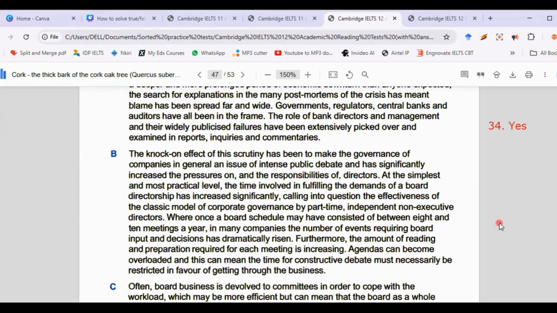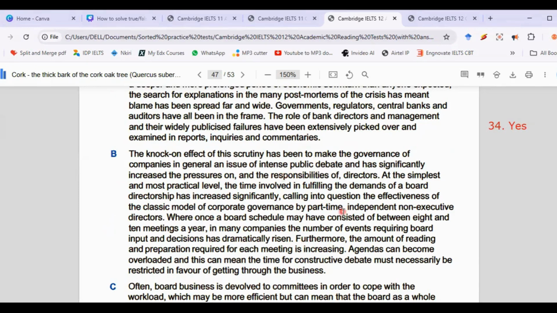So look at the next paragraph now. The knock-on effect of this scrutiny has been to make the governance of companies in general an issue of intense public debate and has significantly increased the pressures on directors.